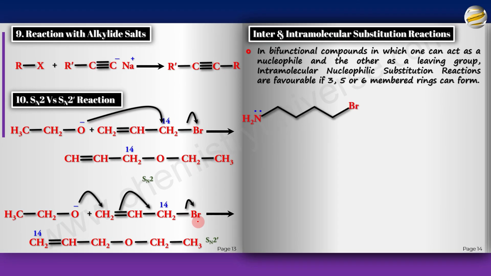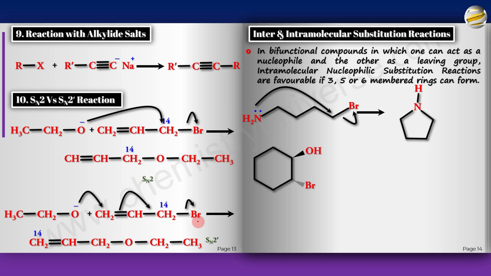Say for example this one, the N can act as a nucleophile and the Br will leave and you will get a 5-membered stable ring. So intramolecular is favored. Even in this, now if I take this H minus, now what do you think H minus does? Now one may feel H minus will go from the top, attack, Br will leave, H minus is a good nucleophile.